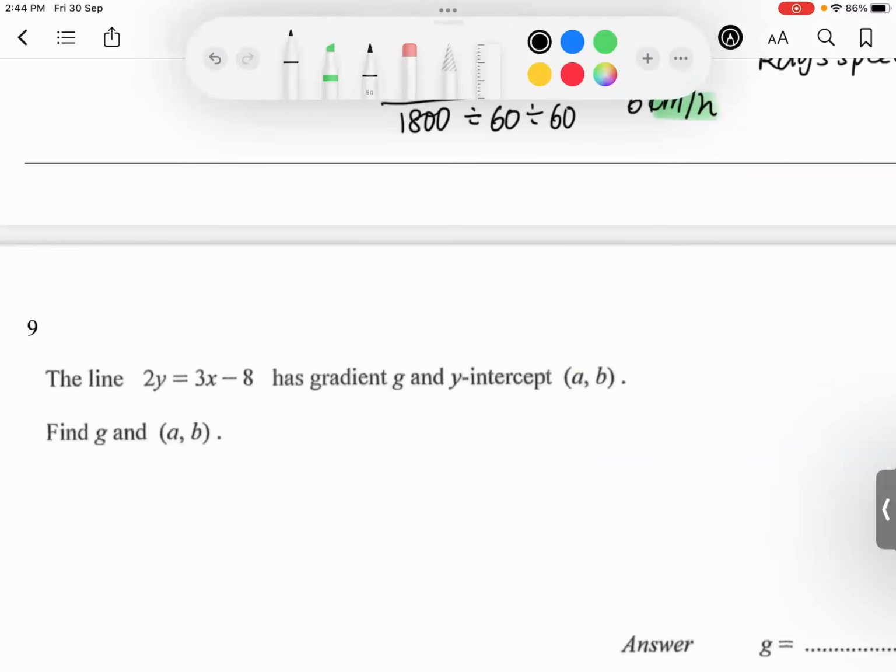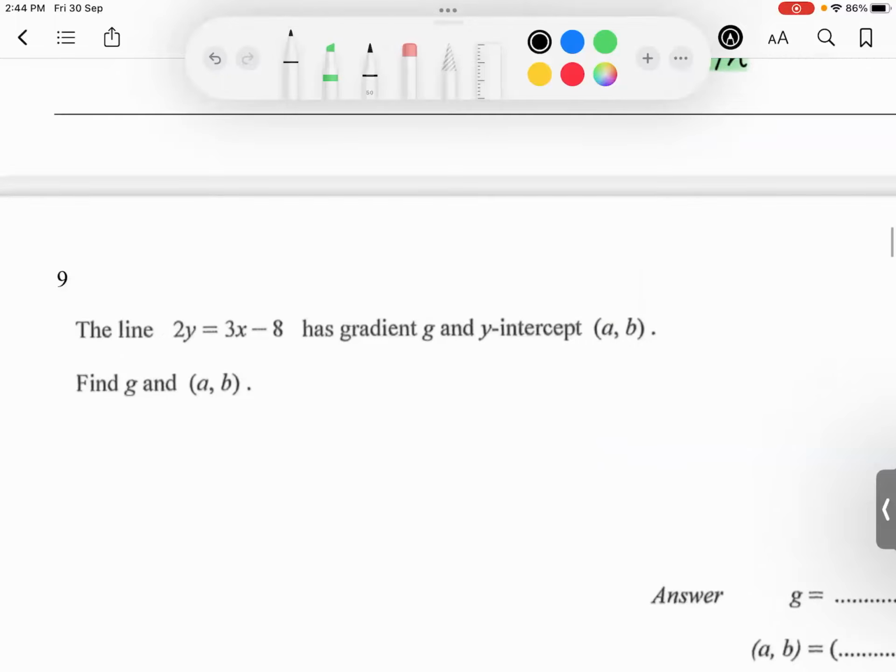This line has a gradient and a y-intercept. So what do we need to do? The general equation of a straight line is y equals mx plus c. You notice this is 2y equals 3x minus 8.